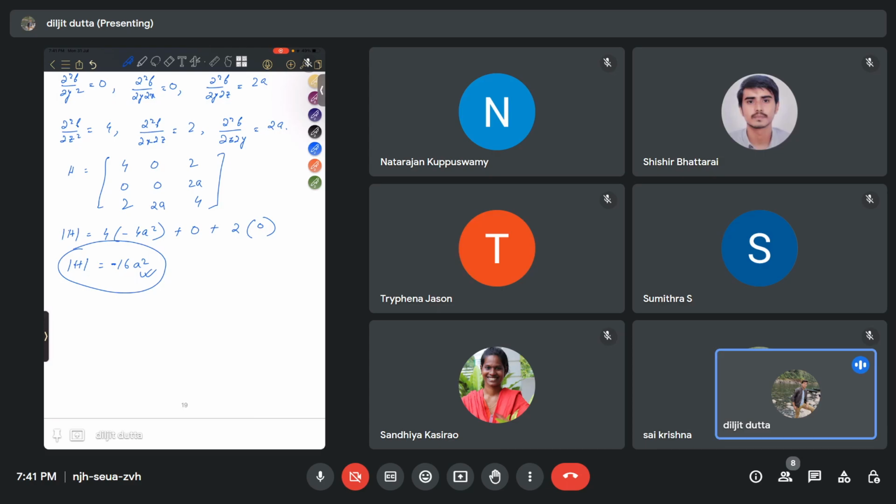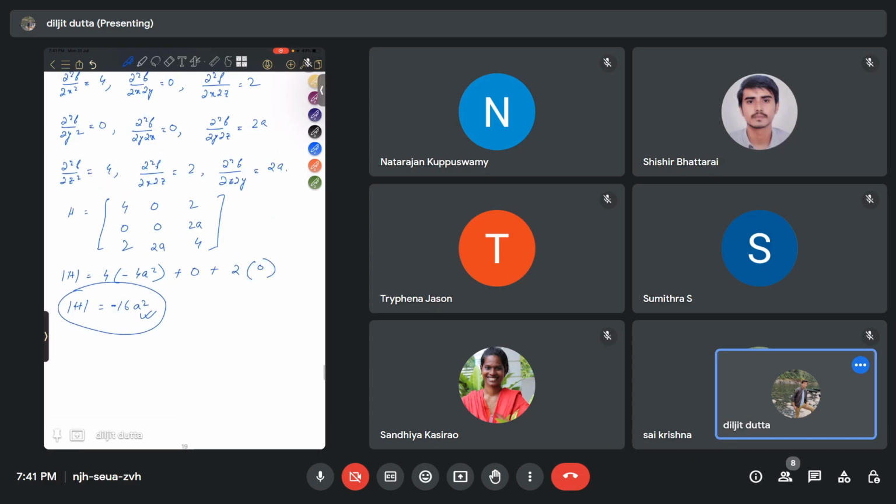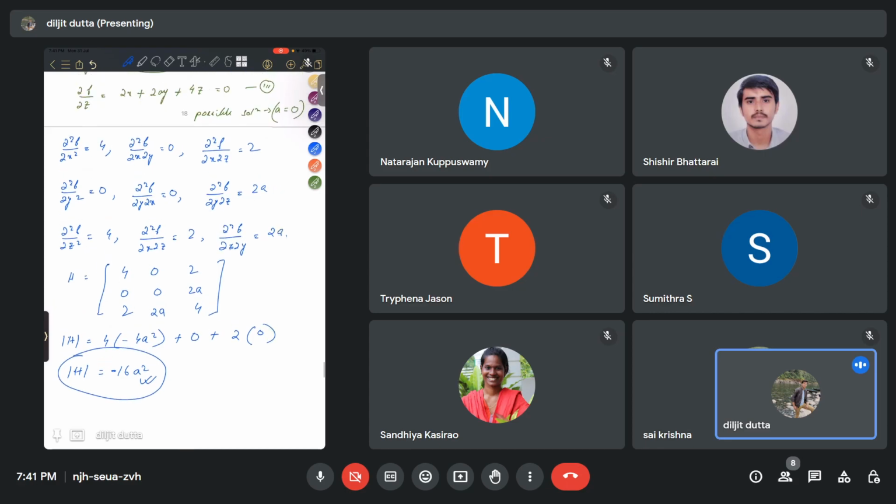Now for having a concave function, a can take any value actually. Even if it takes any value, this is negative only. I'm not doing any mistake, right?